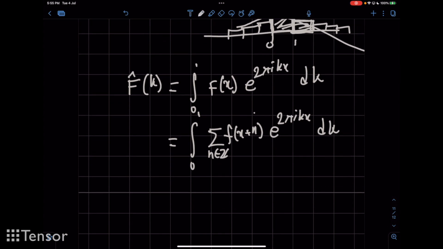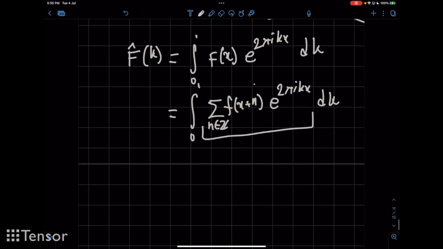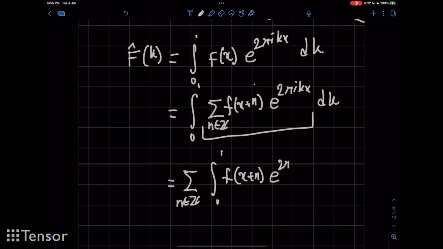Okay. Now, this sum right here converges absolutely, as we have seen earlier, right? Therefore, we can switch the order of summation and integral. So this is the sum over n of the integral of f of x plus n e to the 2 pi i kx dx.